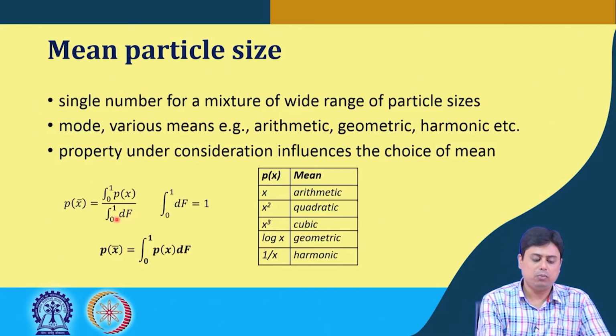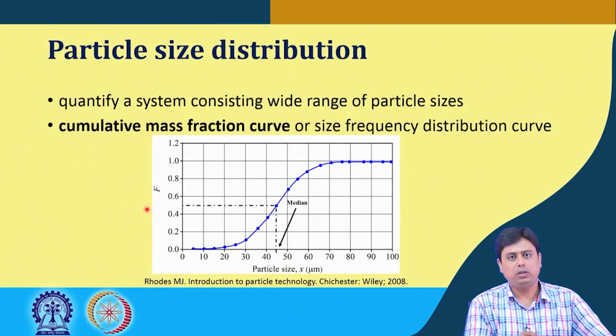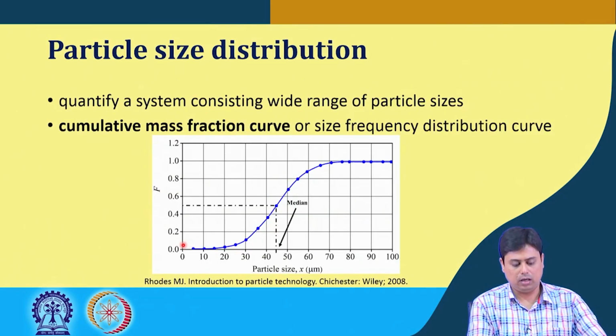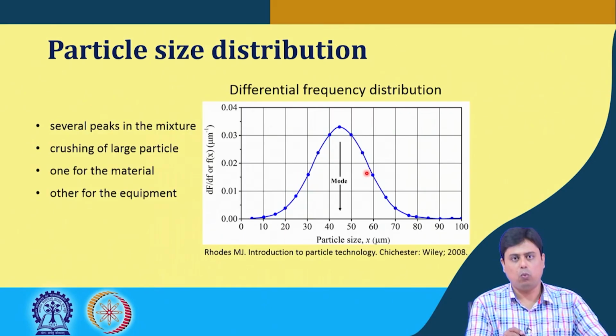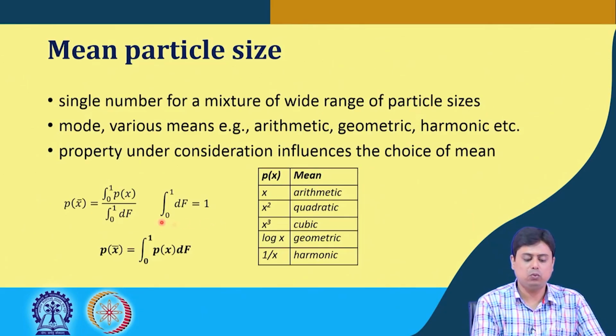Here you must recognize that this integral from 0 to 1 of df is basically 1, because if I go back to the previous curve, you can see that the total cumulative mass fraction is 1. It cannot go beyond 1.